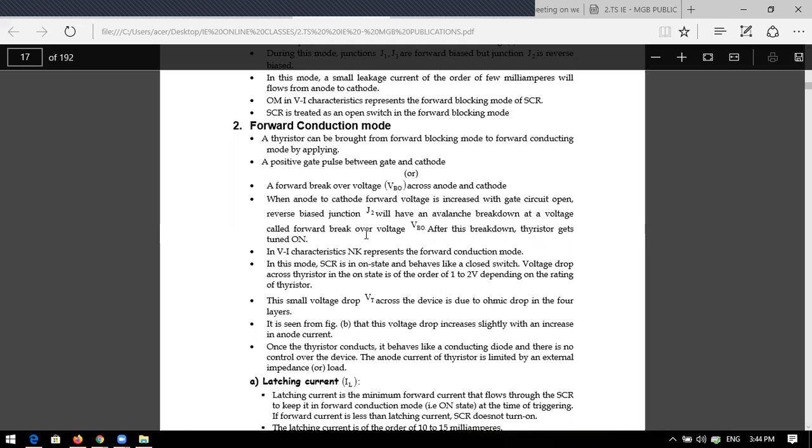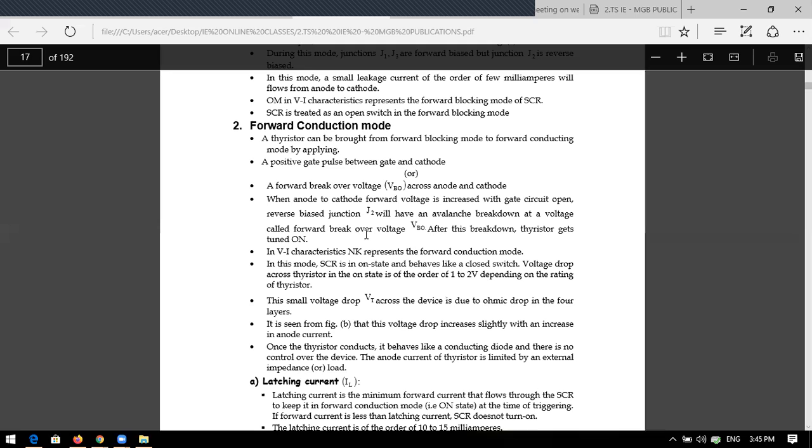That is the reason you should not use the second criterion to turn on the SCR. You should apply a positive gate pulse to the gate to cathode voltage only. That is the only thing you have to do to turn on the SCR.